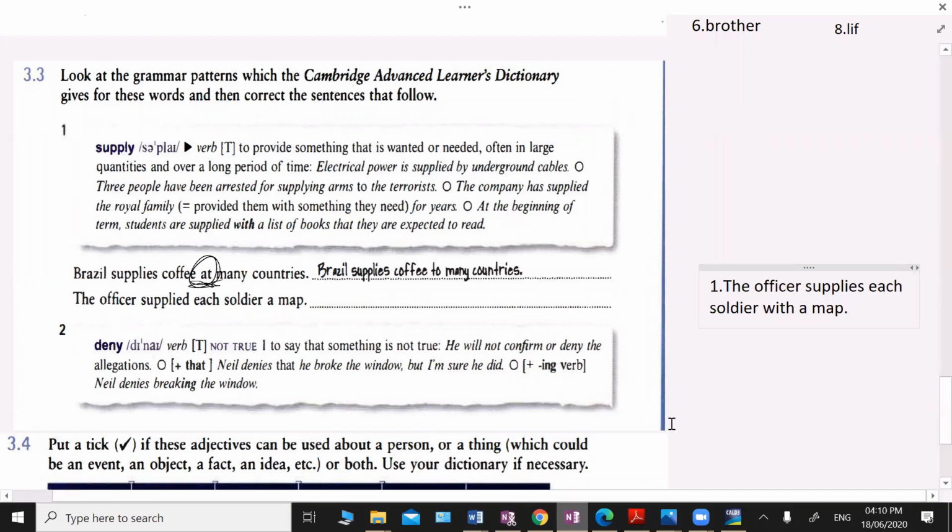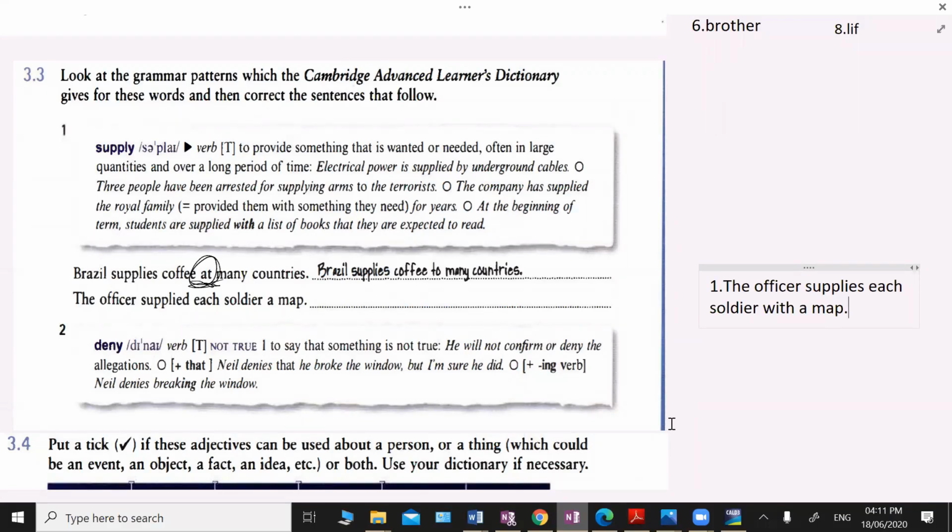Look at number 2, deny. Again, pronunciation, it's a verb, transitive. It means to say that something is not true. He will not confirm or deny the allegations. Next one, Neil denies that he broke the window, but I'm sure he did.